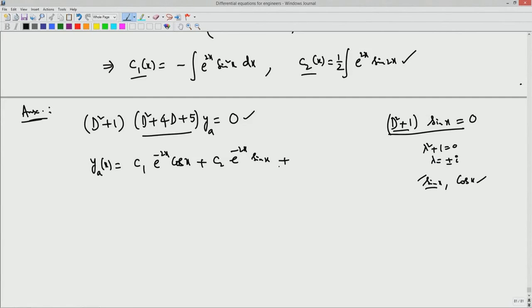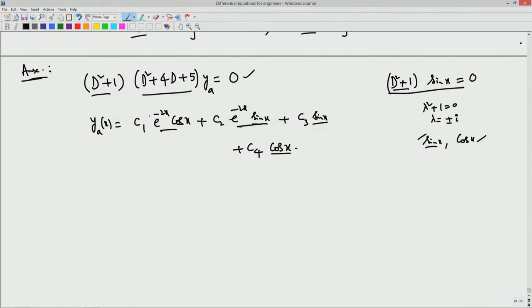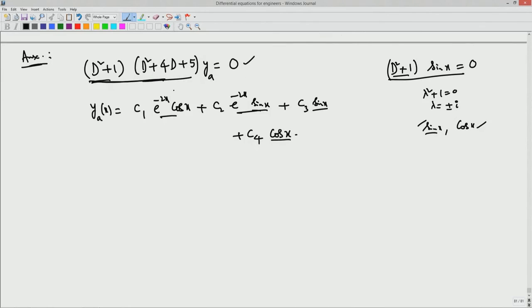And this part will give me C3 sin x plus C4 cos x as the solutions. So, these are the four linearly independent solutions for this fourth order differential equation, the annihilated equation.